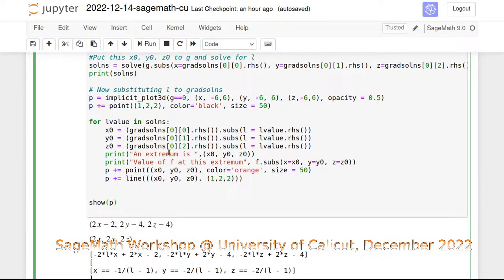And of course, whether the value is maximum or minimum can be easily determined, provided that you compare the values of f at x naught, y naught, z naught for the first time and second time. If you compare these two values, you can definitely determine which point is going to be maximum, minimum.